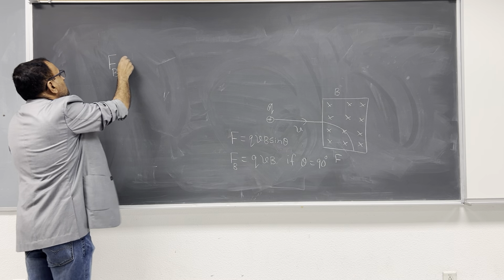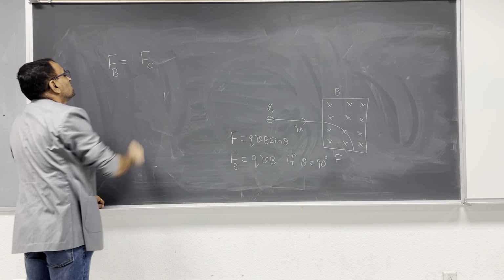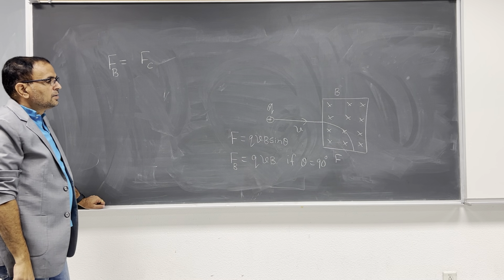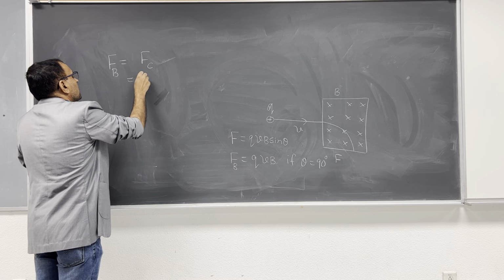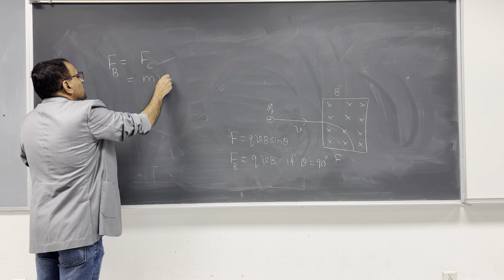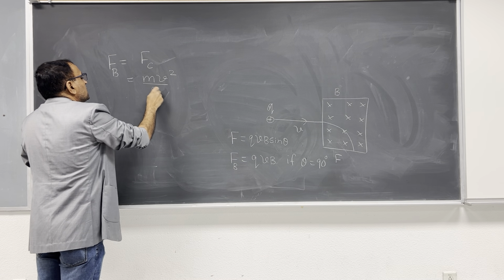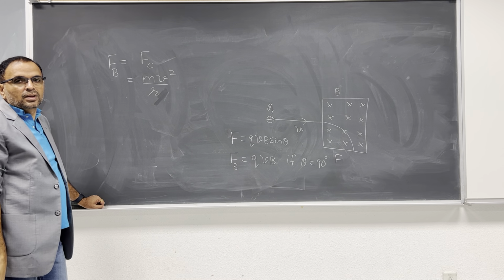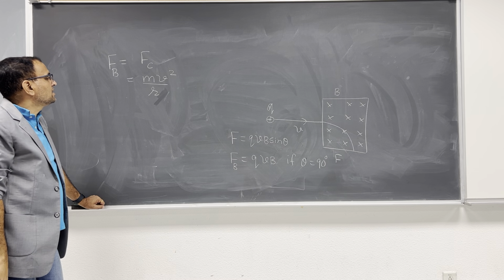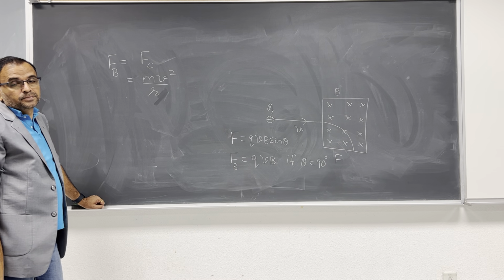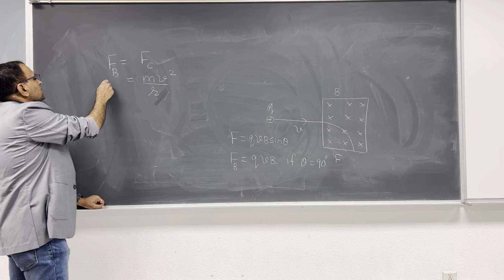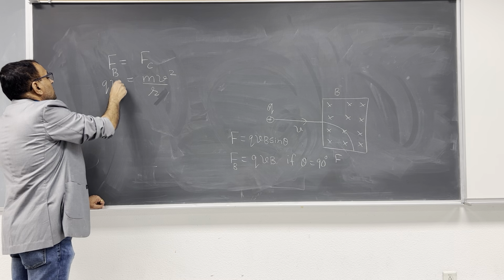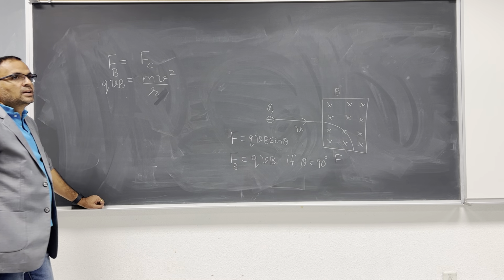This gives you the centripetal force F of C. If the charged particle has a mass m and speed v, mv squared divided by r is the centripetal force, where r is the radius of the circular path, and this is equal to QVB, the magnetic force.